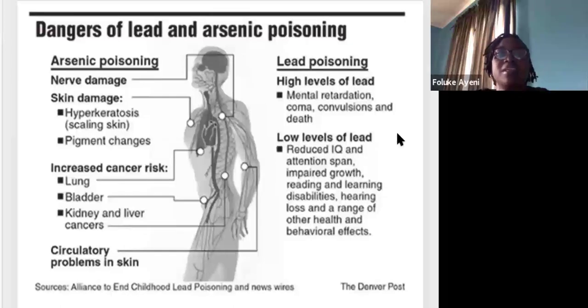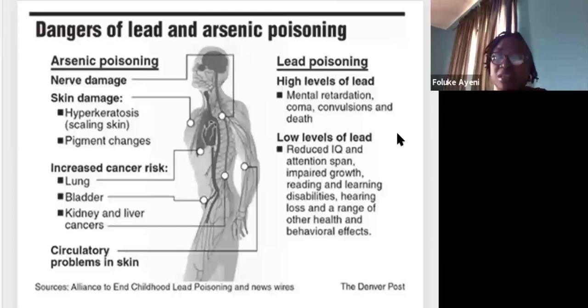And then the effects of that made us to know that today we have to avoid exposures to toxic levels of arsenic, to toxic levels of lead, because lead is a very useful chemical for us, even in our modern day. We use it for so many things, but excessive exposures can lead to nerve damage, skin damage, increased cancer risk, and circulatory problems, which has to be avoided.